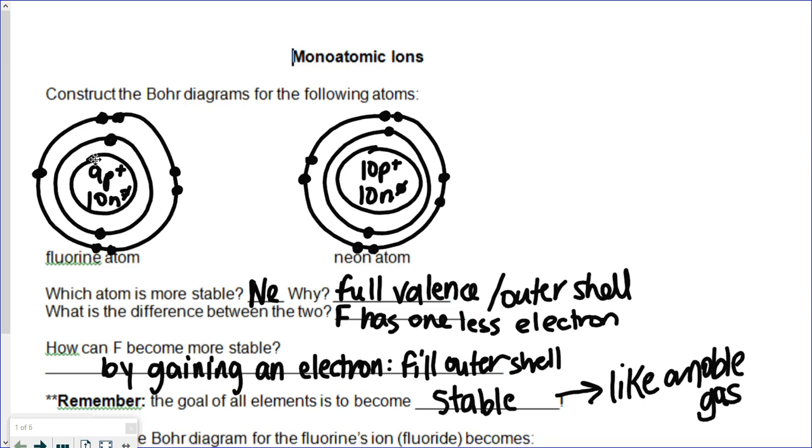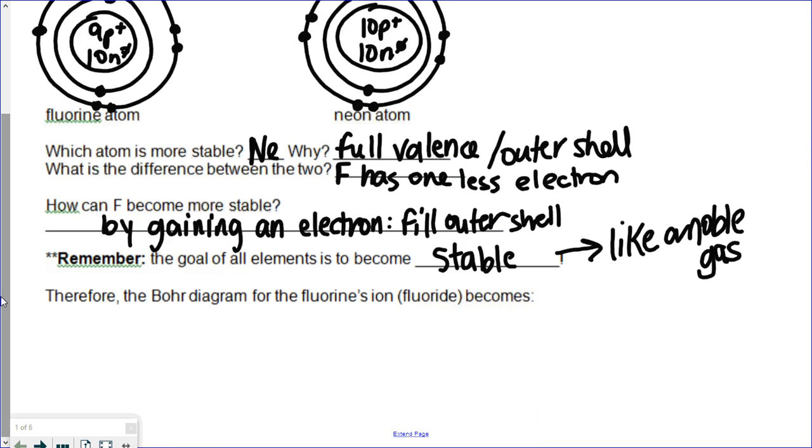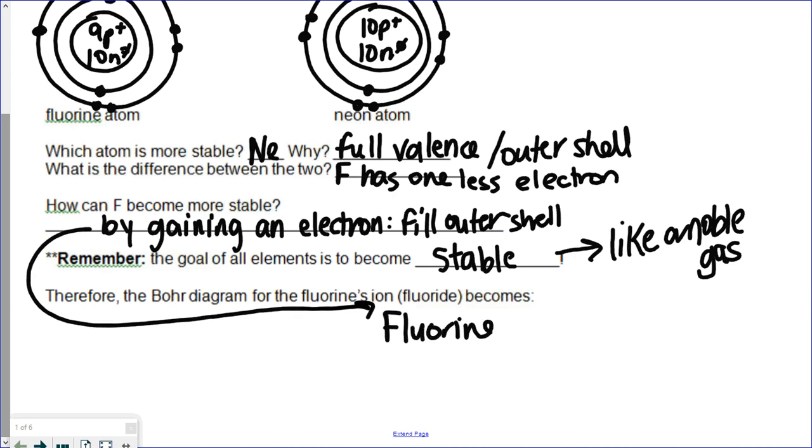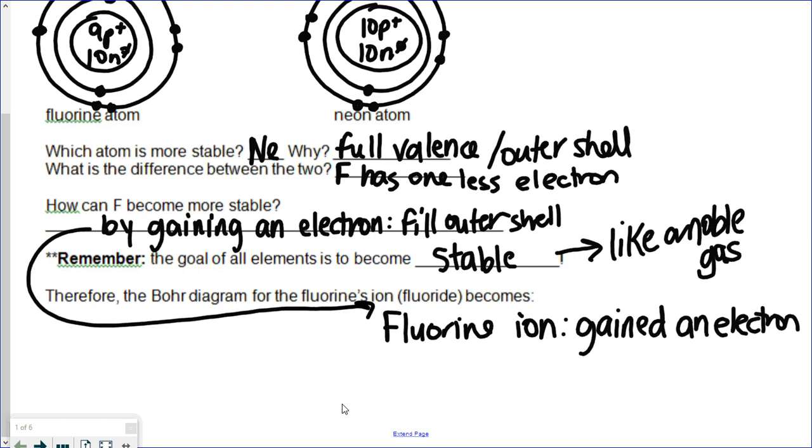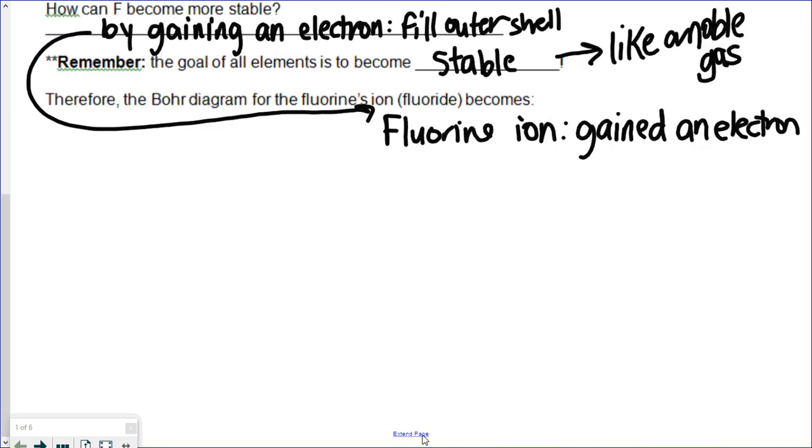So fluorine's new Bohr diagram, if it gained an electron. A fluorine ion has gained an electron. In order to fill its valence shell, it has gained an electron.